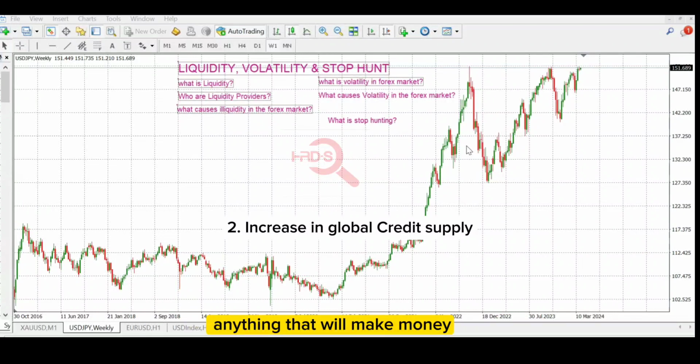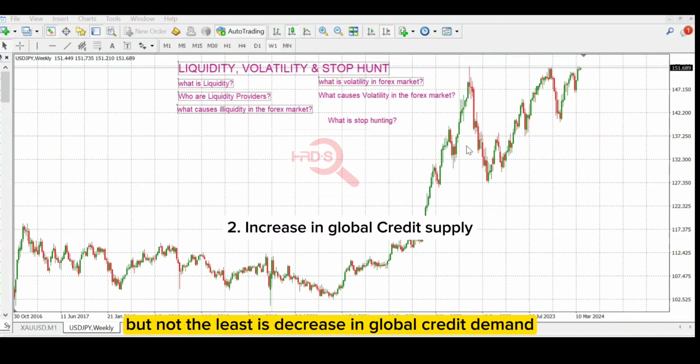Anything that will make money be in the hand of traders and increase their probability of investing it into the financial markets, that thing has a tendency to affect the liquidity of that market, positively or negatively.